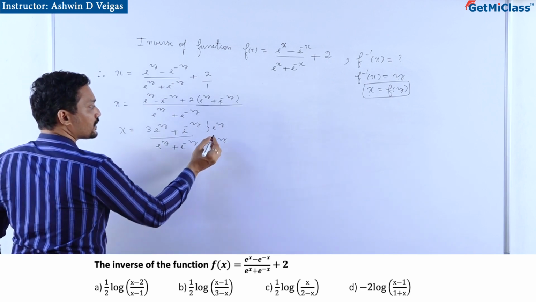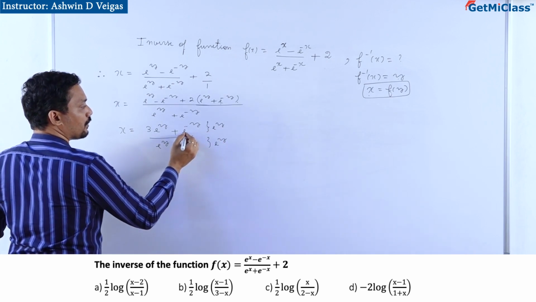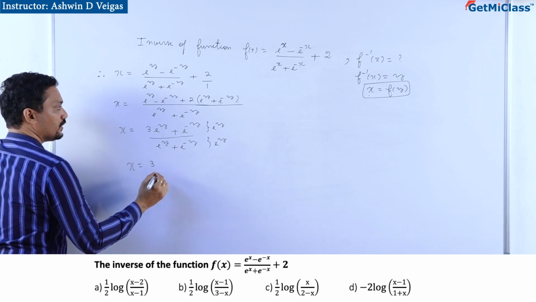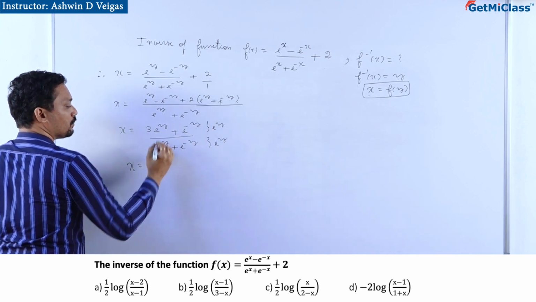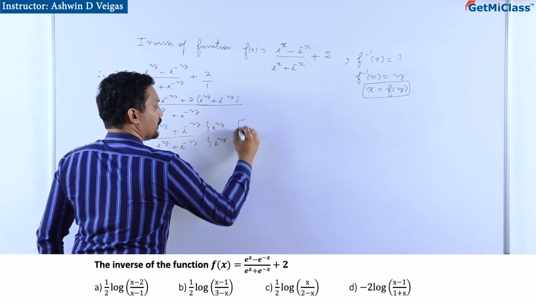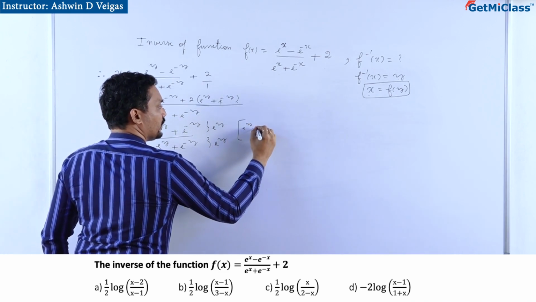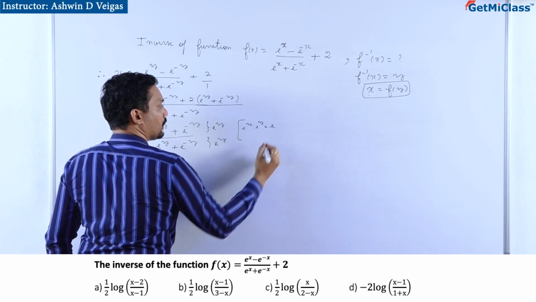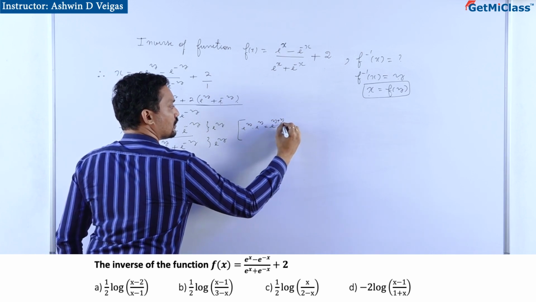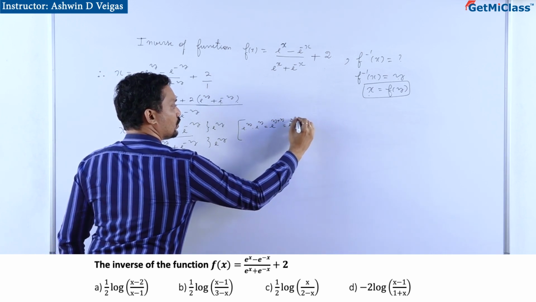Okay, now when you multiply e power y by e power minus y, that will cancel. So you will get x is equal to 3 into e power y into e power y, which will be e power 2y. Note that the bases are the same, so powers get added. So you will get e power 2y.